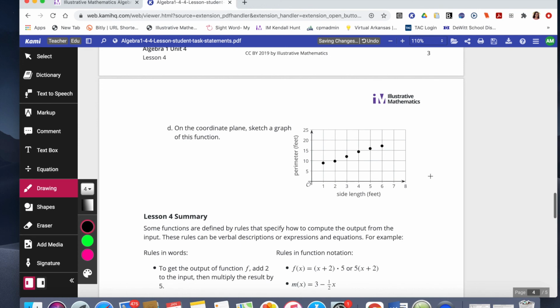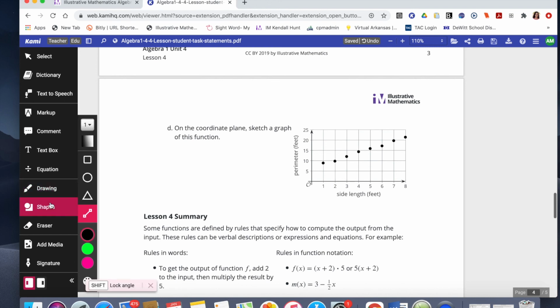And you could check these if you're not quite sure. You could draw a rectangle, calculate it if you need to, add them all up. 7 would be 20. And 8 would be 22. So this should be a straight line. Mine's not exactly as straight as it needs to be, but it is a straight line. So let me see if I can try to insert this line here.